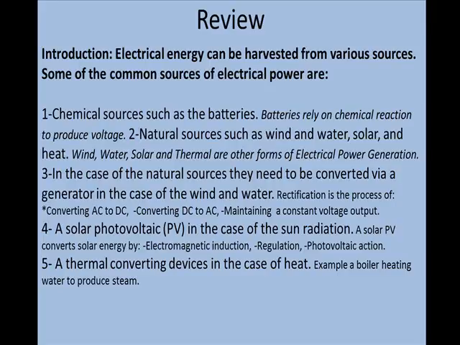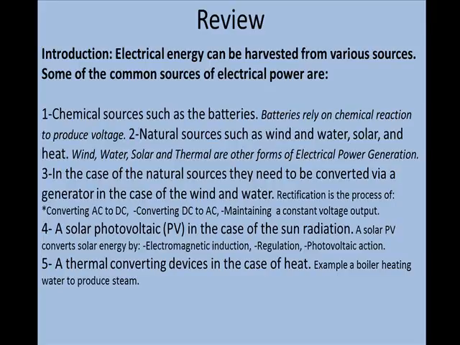Finally, we have a solar photovoltaic system that uses the sun radiation, and in this case, the photovoltaic action is what makes this possible. It harvests the radiation of the sun, and by chemical physical reaction produces a voltage that we now can use to store or to convert to AC voltage.